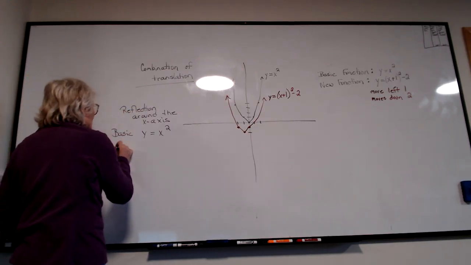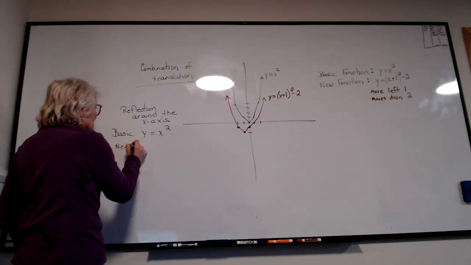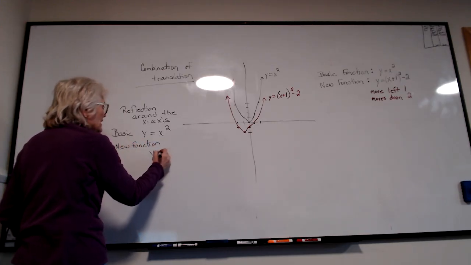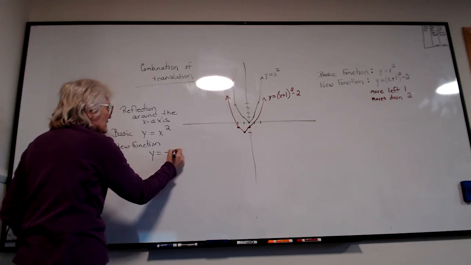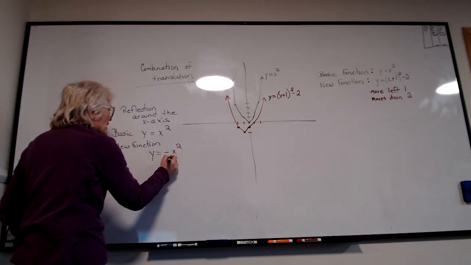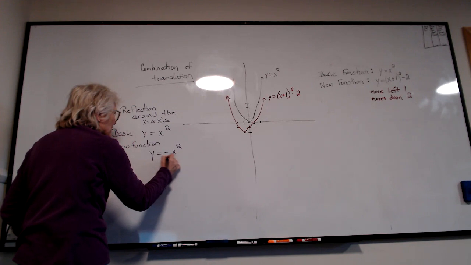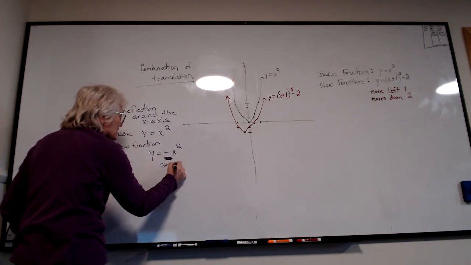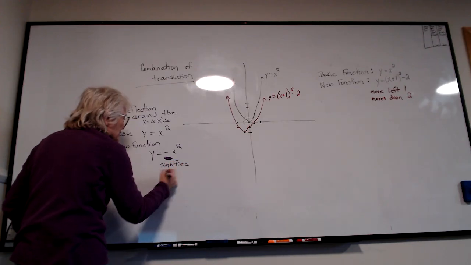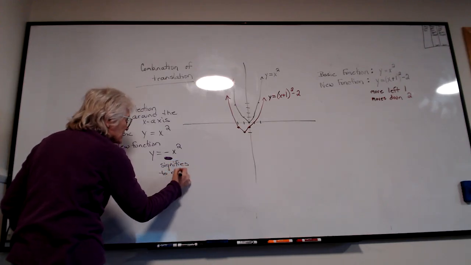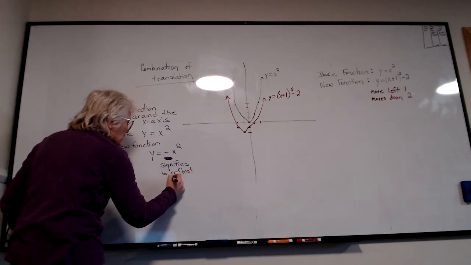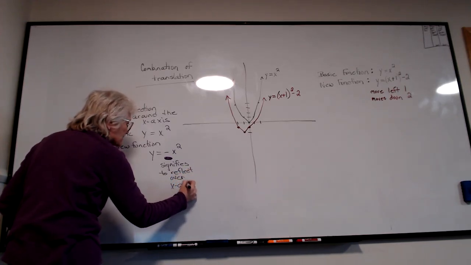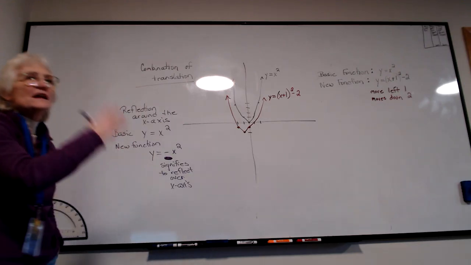Okay, so the new function will be y equals negative x squared. This negative right here signifies to reflect over the x-axis, or in the negative direction.